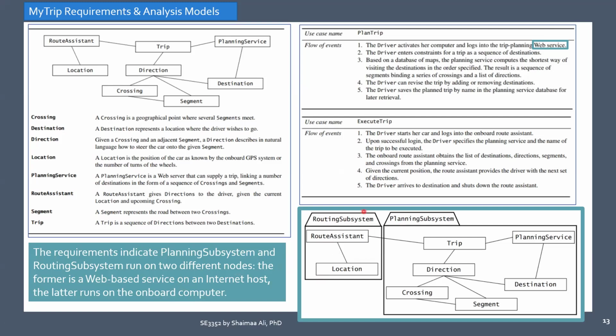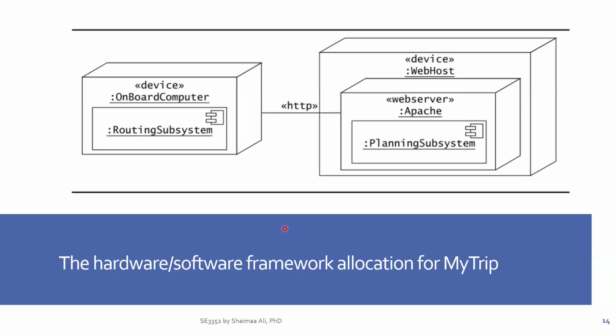Okay, so based on that, we would need something like this. A web service needs to be running on a web server. So from the server side, we already know that we need a device or a machine, either physical or virtual, to be hosting a web server, and then our application would be running on that web server.